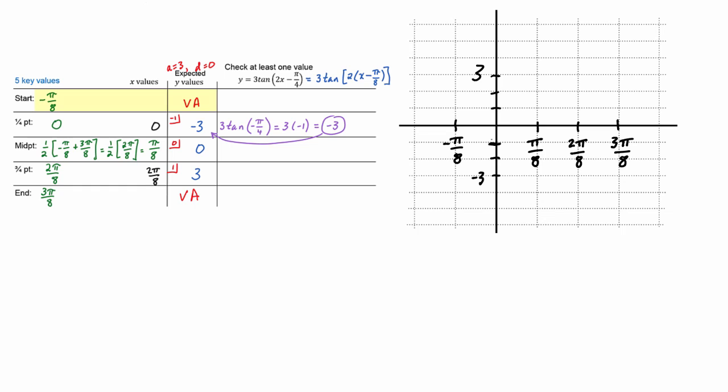We know at negative pi over 8, we're going to have a vertical asymptote. Same for 3 pi over 8. And then our other three key values are 0, negative 3; pi over 8, 0; and 2 pi over 8, 3.